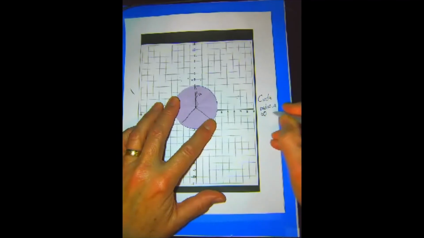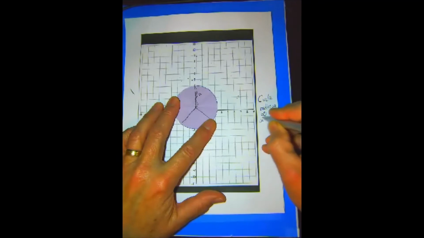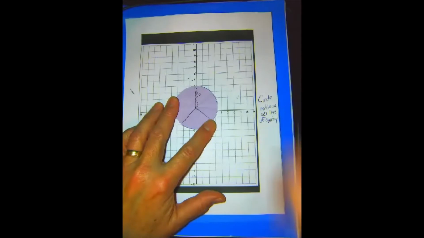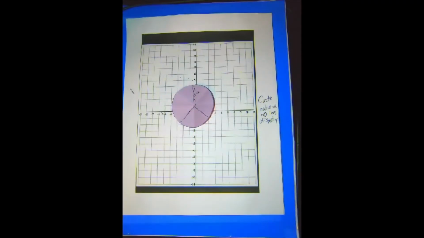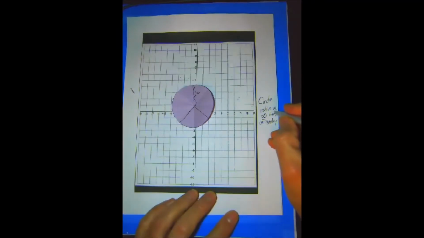So I have infinite lines of symmetry. Now, this turns out to have an interesting correlation here. We only have one measurement, and that gives rise to infinite lines of symmetry.